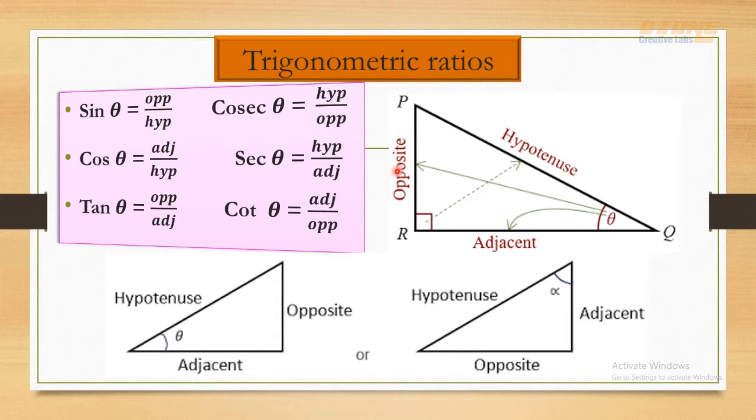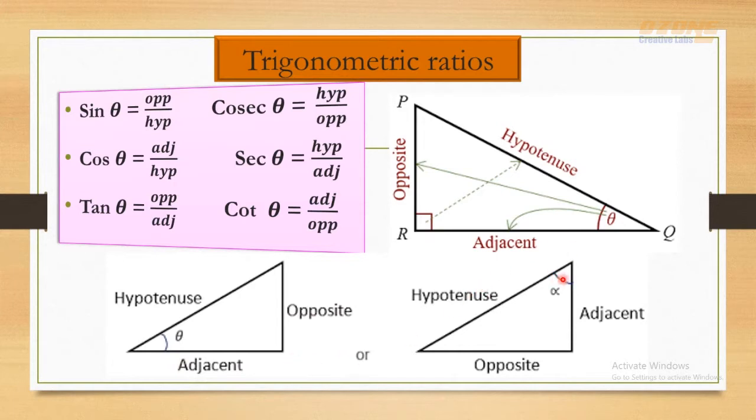Hypotenuse won't change. Hypotenuse is always the longest side, and the opposite side will be the side opposite to the given angle. Adjacent is the nearest side other than the hypotenuse.